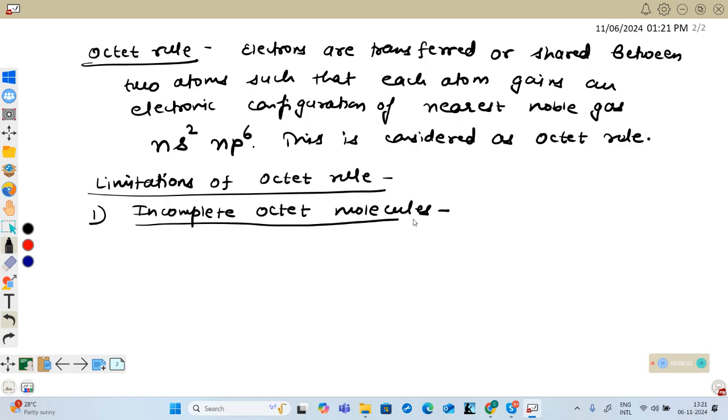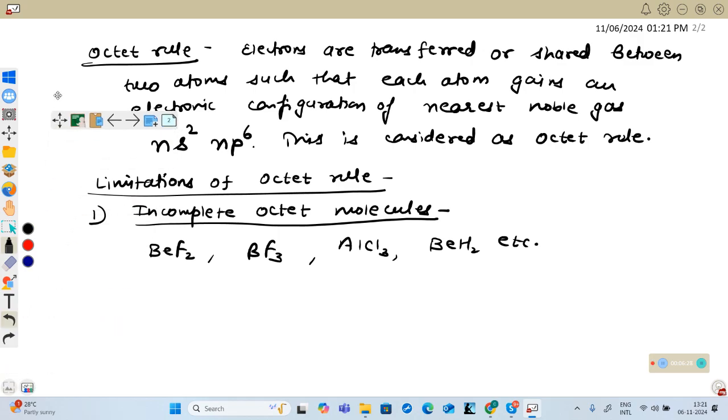Examples: beryllium fluoride, BF3, AlCl3, BeH2, etc.